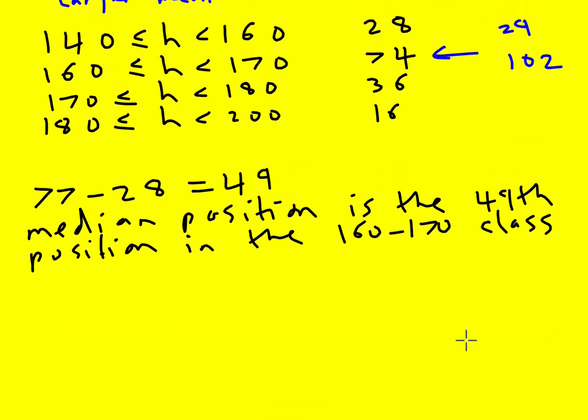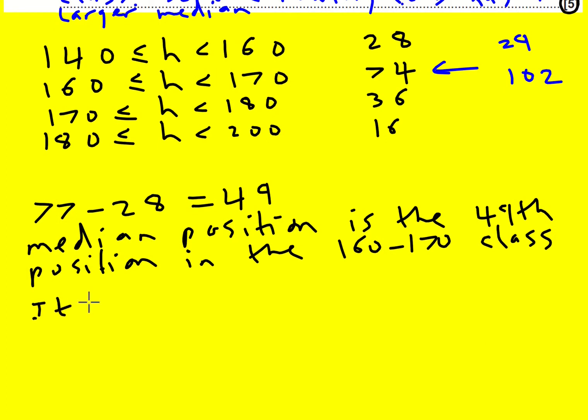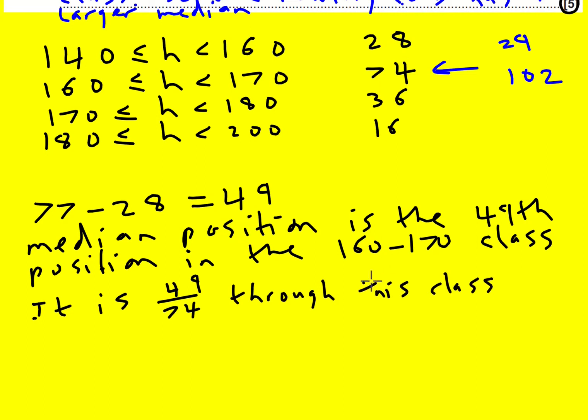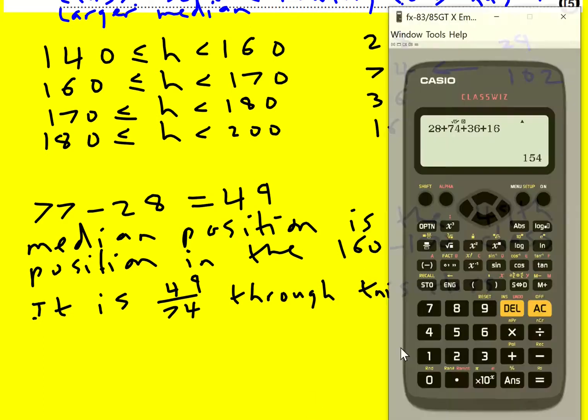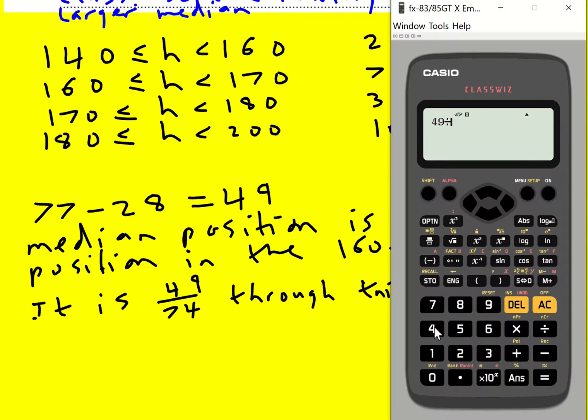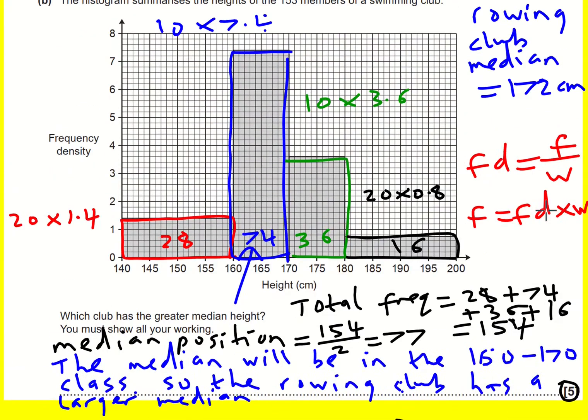So it is 49 over 74ths through this class as a fraction. That's not a particularly nice fraction, it's got to be said, which makes me think they don't want you to do the question this way. But it's actually going to be about 66% of the way through the class. So if I was estimating it, 2/3, it would be about here. Okay, this would roughly be my median.